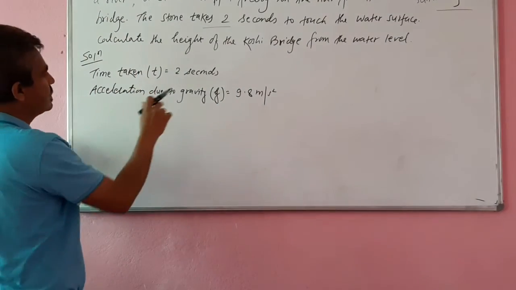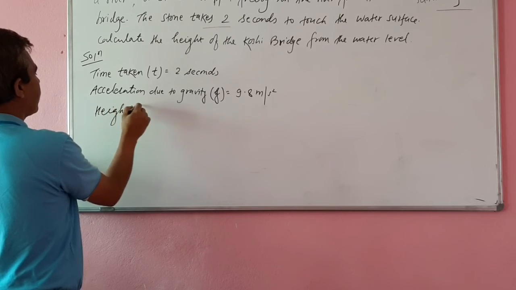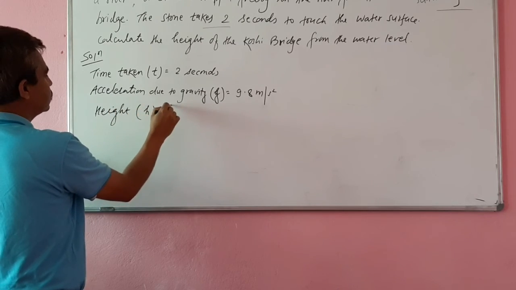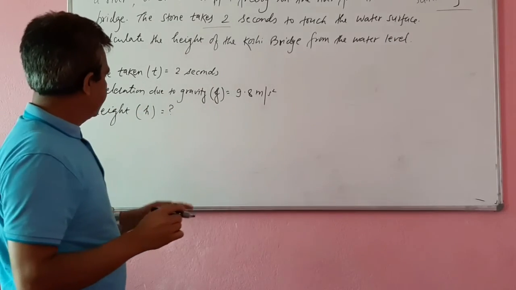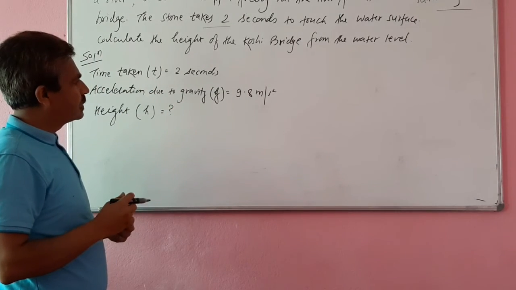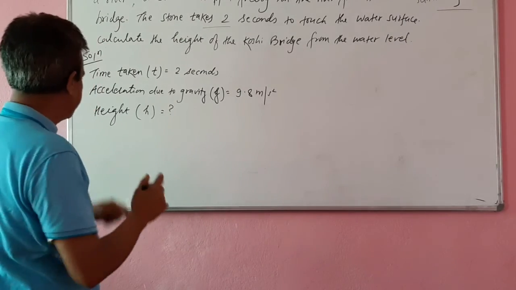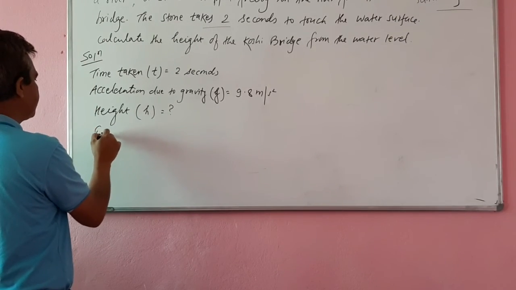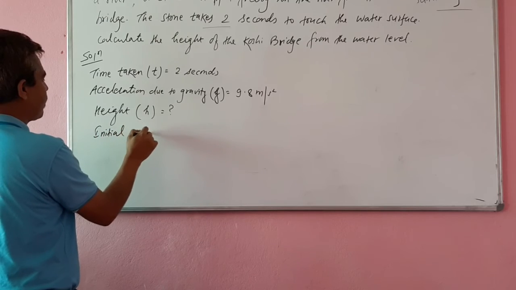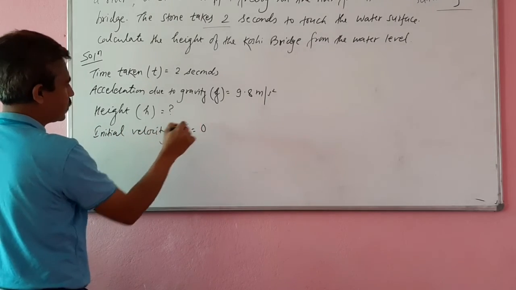T is given, g is given, height h equals what? T is given, g is given, h we have to calculate. Is there any formula? We know initial velocity u equals 0.